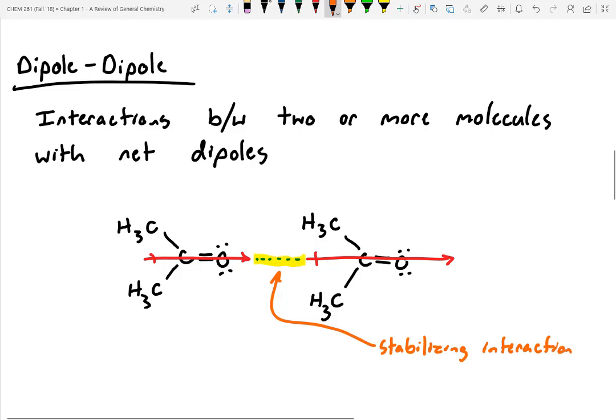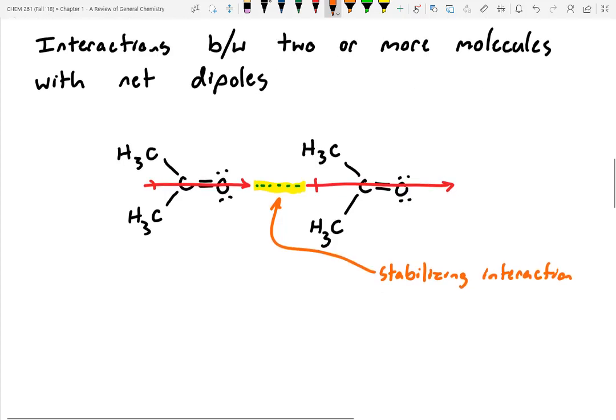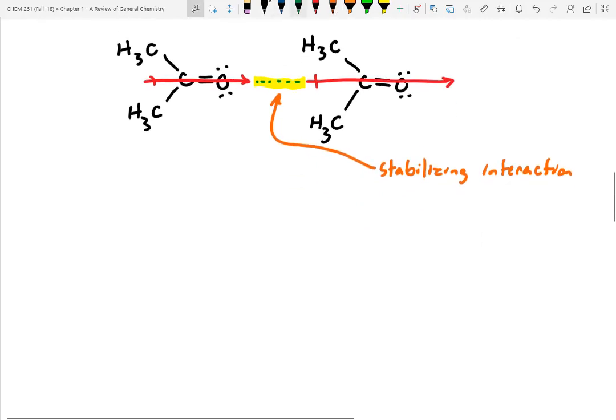So that's pretty easy to remember. Net dipoles are attracted to one another so that the electron-rich side of one molecule is close to the electron-poor side of another. All right, there's a special type of dipole-dipole called H-bonding that most of you have heard about.